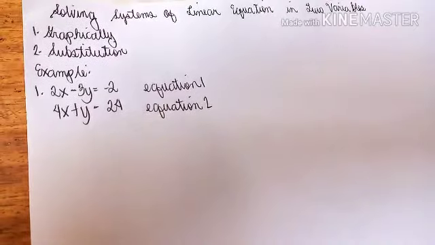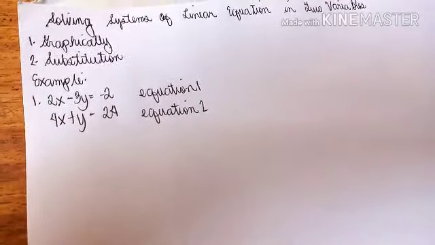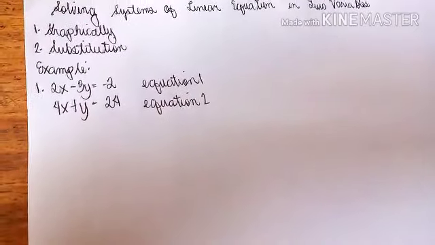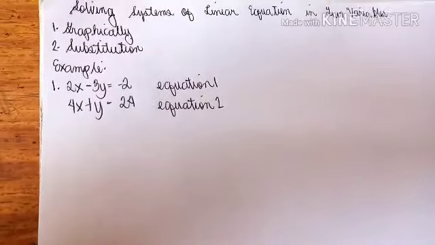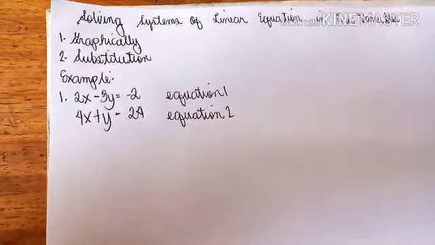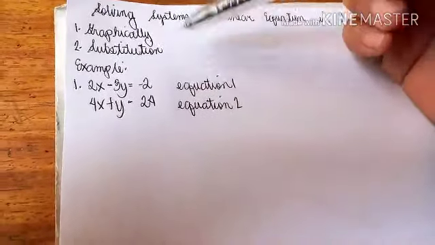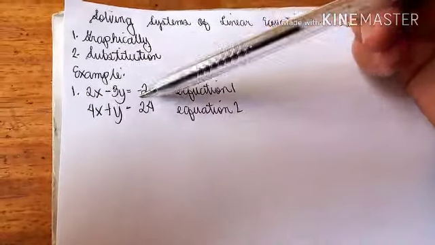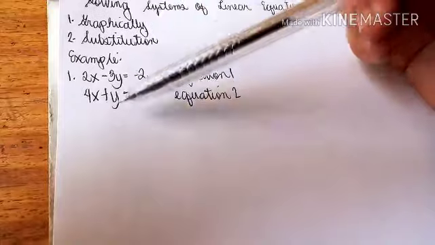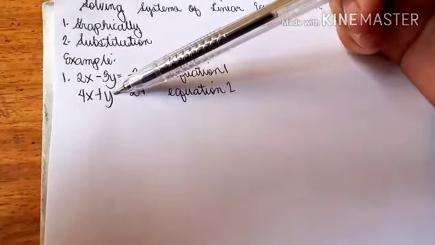For step 1, we solve one of the equations for one of the variables. We find a term which has a coefficient of 1. In the first equation, we don't have any coefficient of 1. For the second equation, we have y, so it has a coefficient of 1.